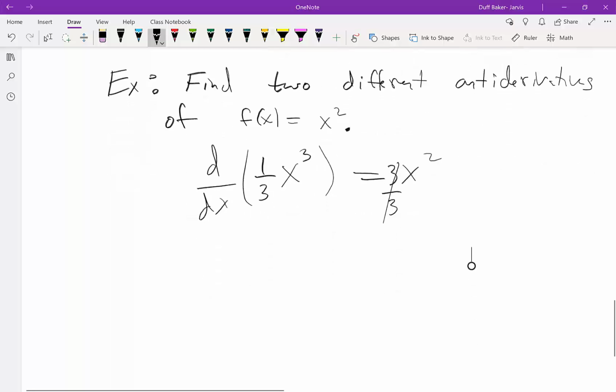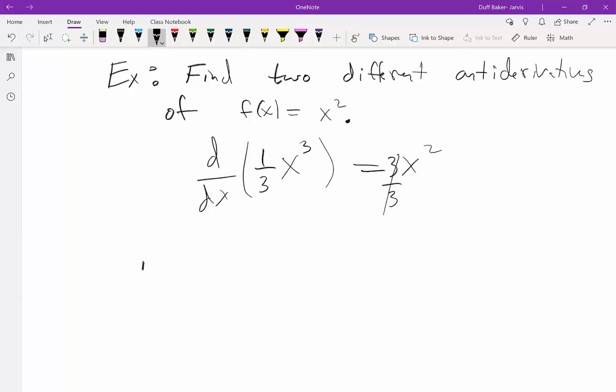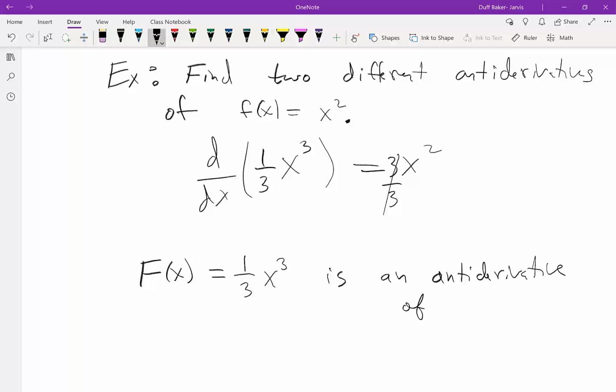Okay, so capital F of x is an antiderivative of x squared.